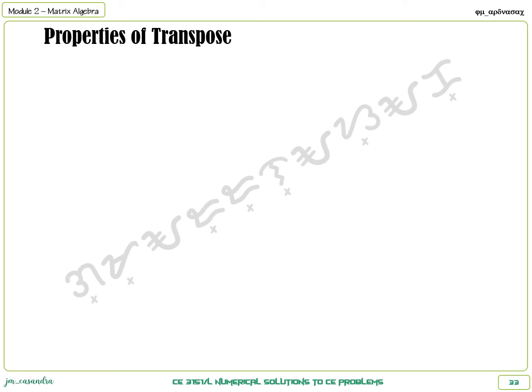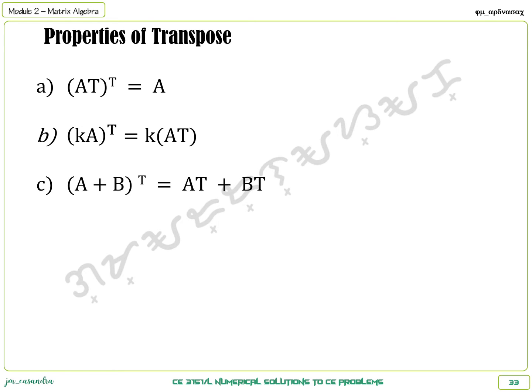For a transpose, it would now follow different properties. The first one is that the transpose of the transpose is simply equal to the original matrix. Then, taking the transpose of the product of a constant and a matrix is the same as taking first the transpose of the matrix and then multiplying it by the constant.